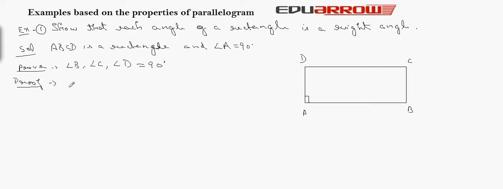So we can write here AD is parallel to BC and AB is transversal.